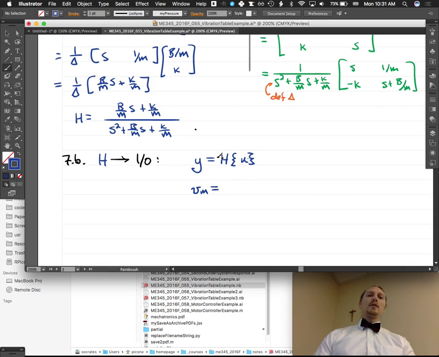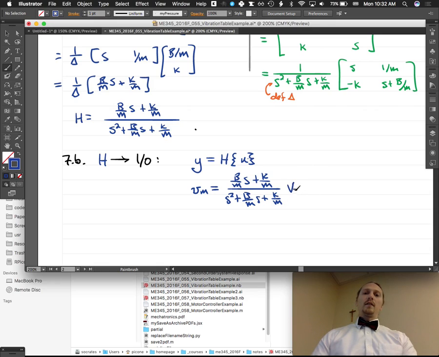It's equal to H, which is this, operating on VS, the input. So B over M S plus K over M, S squared plus B over M S plus K over M, all of that operating on Vs.